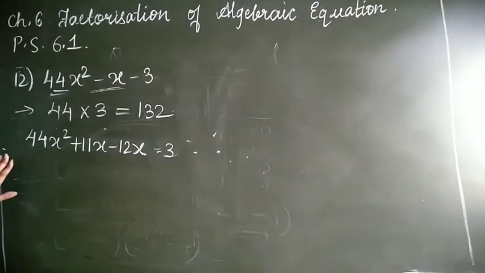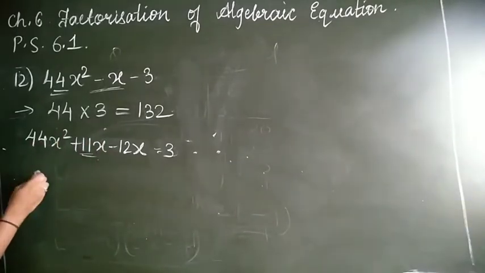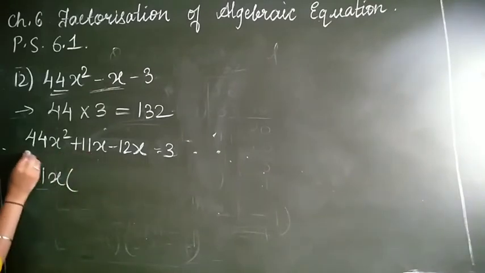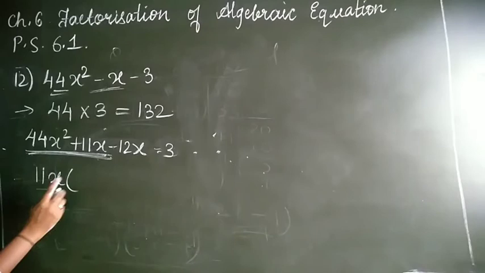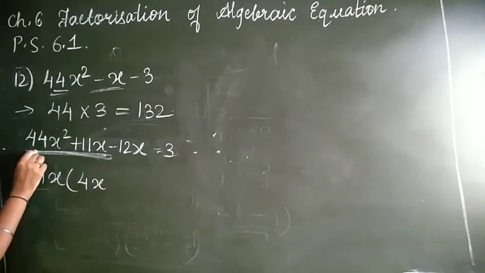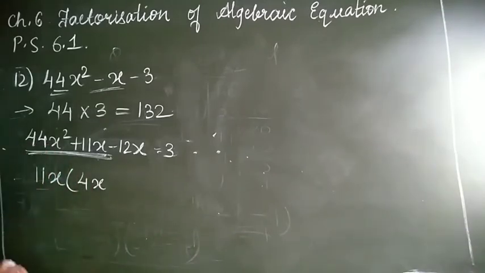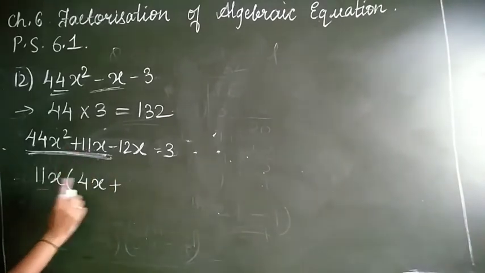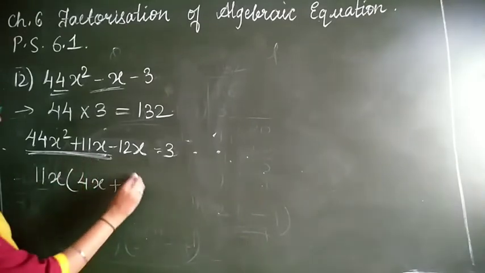Now we will take 11 as common because this is the smaller term. 11x is common in these terms. So 11x into 4x will be 44x square because 11 into 4 will be 44 and x into x will be x square. Plus 11x into 1 will be 11x.